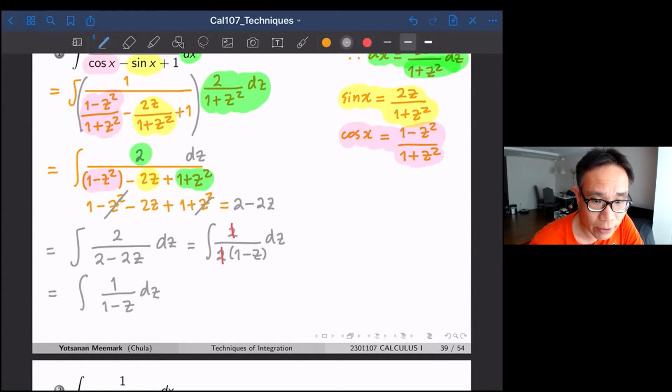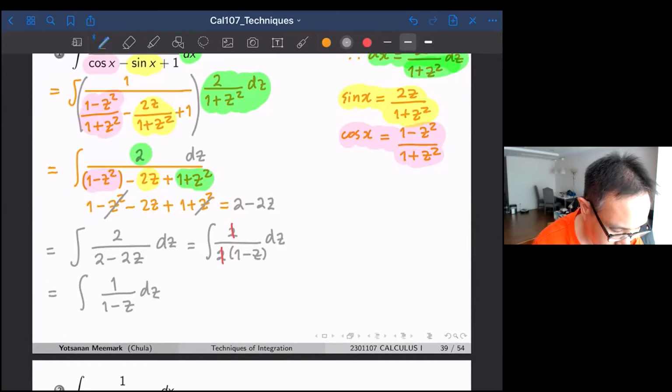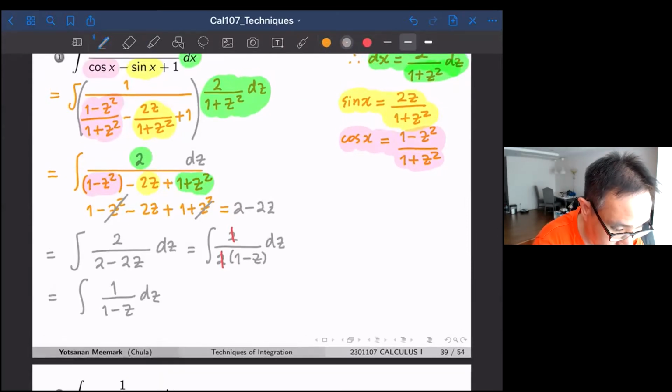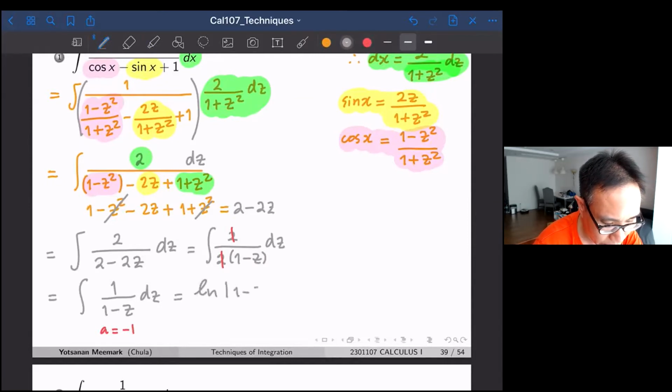And finally, you're going to be able to integrate this one, right? So you integrate this one, you have a equal to negative 1, and it's going to turn out to be log absolute 1 minus z over negative 1.